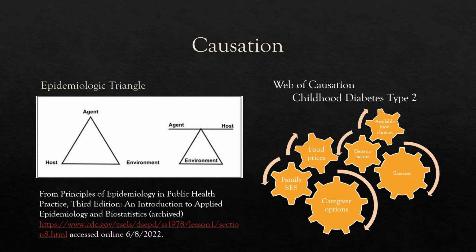All of these, depending on the degree to which they play a part, can impact the ability to determine what's causative and what's just sort of associative. So there may be multiple factors at work, and taken in concert, they have a greater effect than they would on an individual basis.